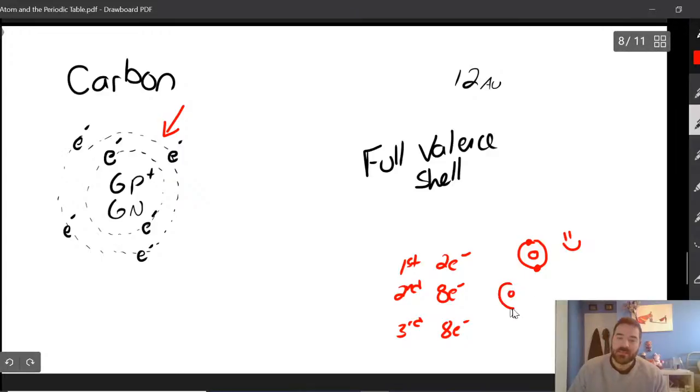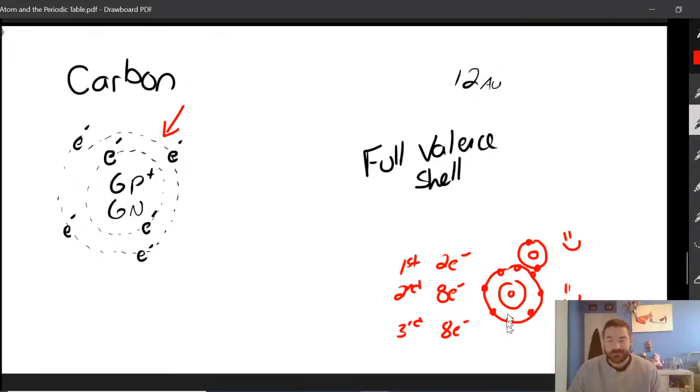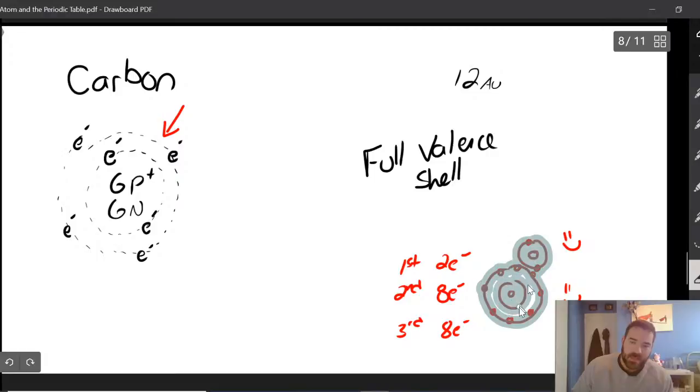If an atom has 2 orbits, then it wants 8 electrons on its outside orbit to be happy. And if it has 3, it would want 8 on the third one also. So we'll go into more detail about bonding and the role of electrons later on in the course.